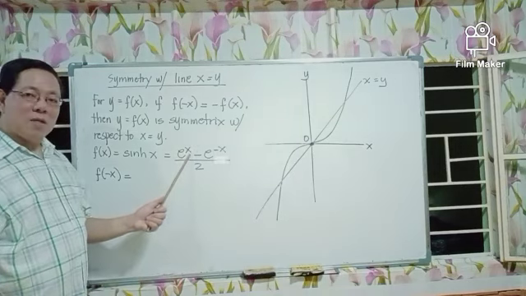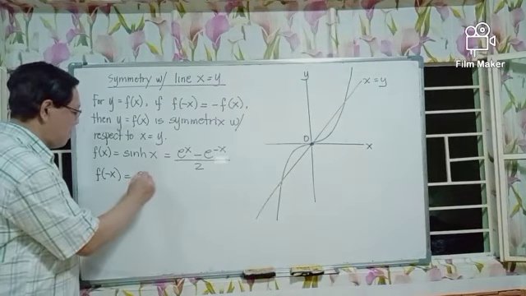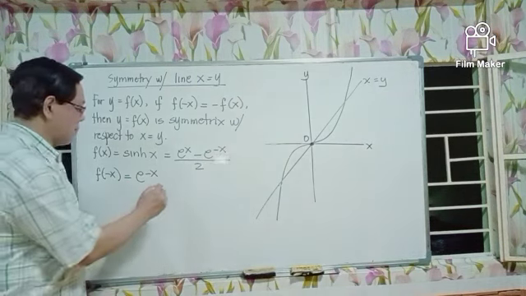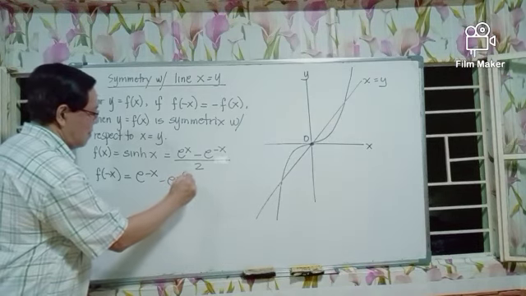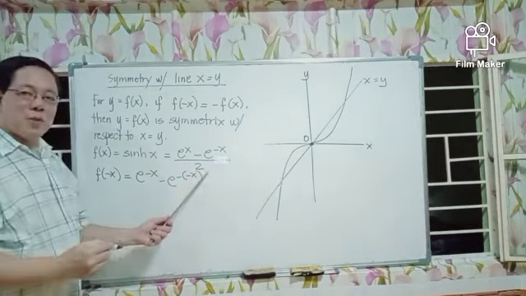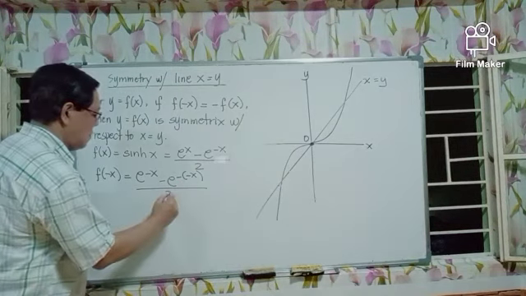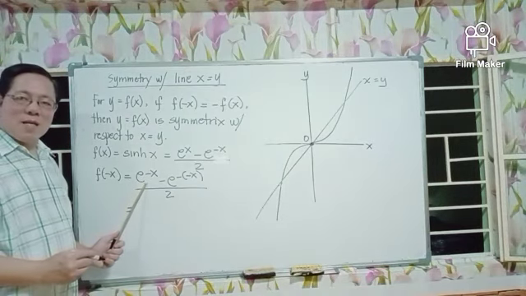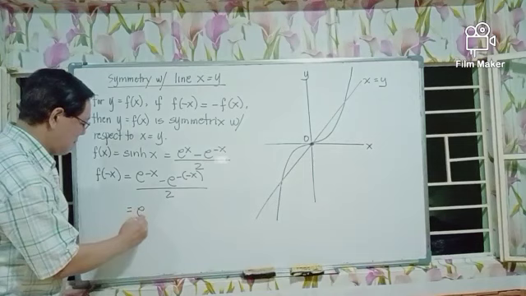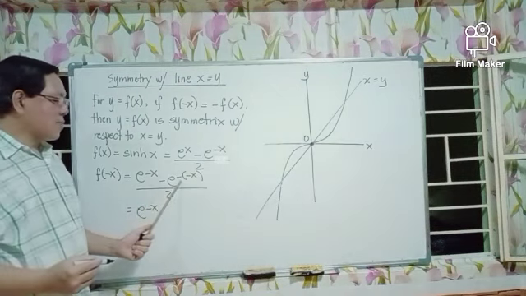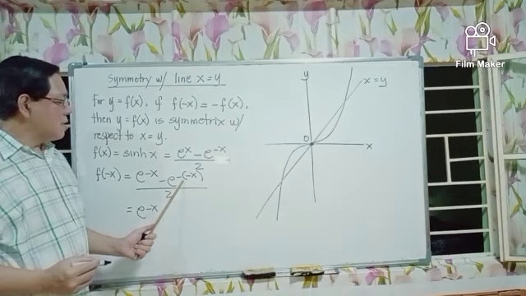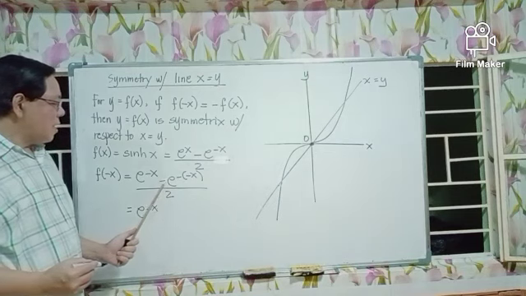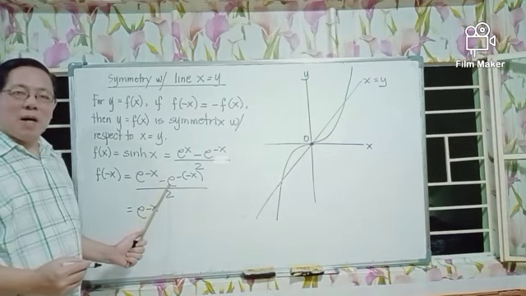We get e to the minus x minus e to the negative of negative x, all over 2. The first term is as is, e to the minus x. The exponent of the second term simplifies to positive x, negative times negative is positive x. And the second term is minus e to the power x.